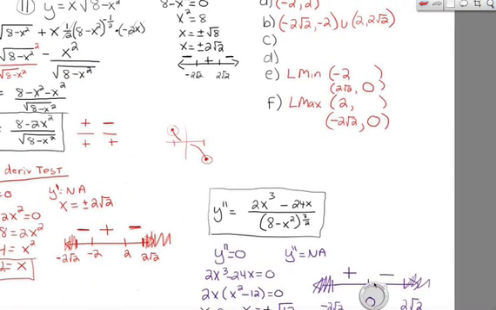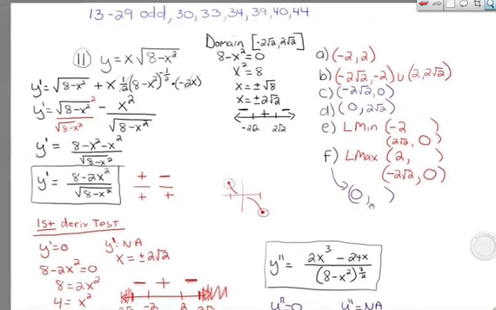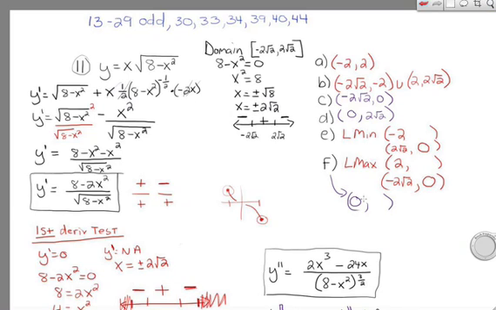Concave up from -2 root 2 to 0. Concave down from 0 to 2 root 2. And I think F is actually supposed to be inflection points, which is clearly going to be 0, comma, plug that back into my original line, get 0, comma 0. So that's my inflection point.